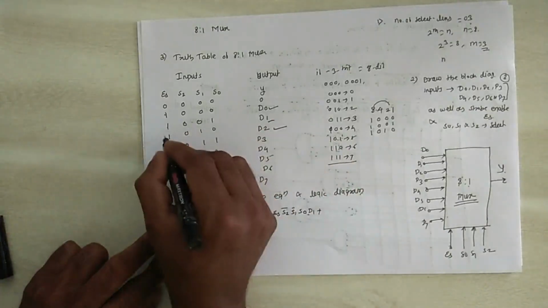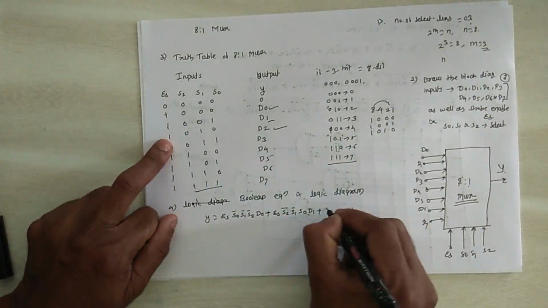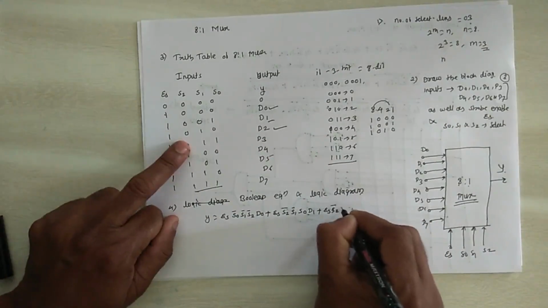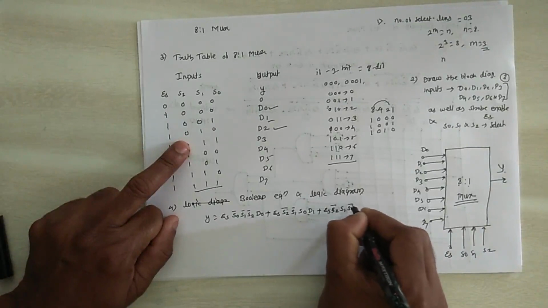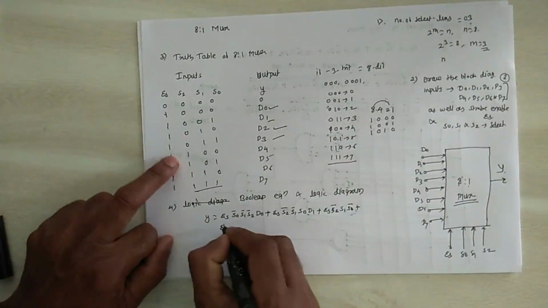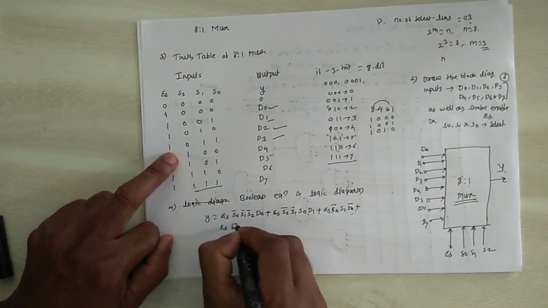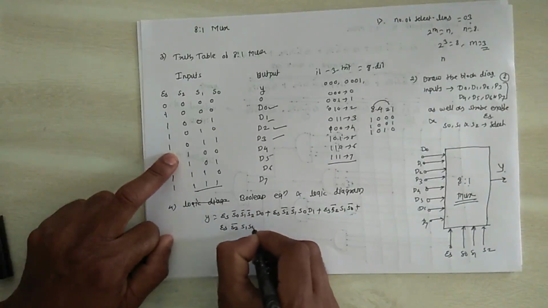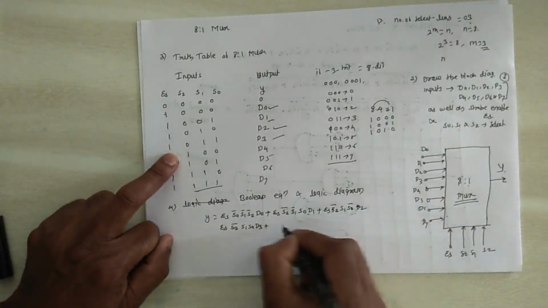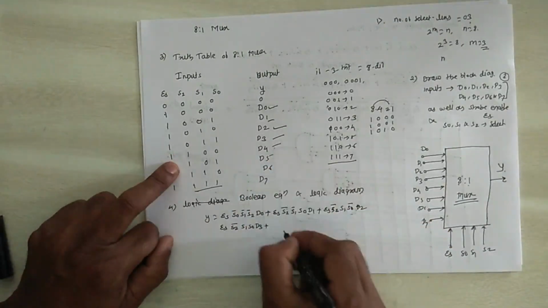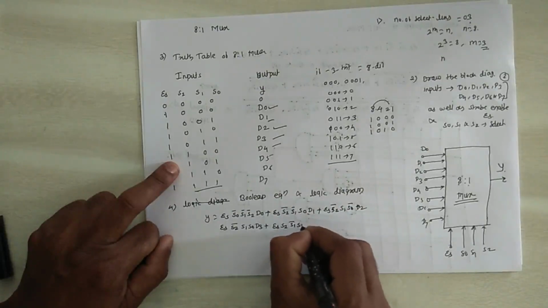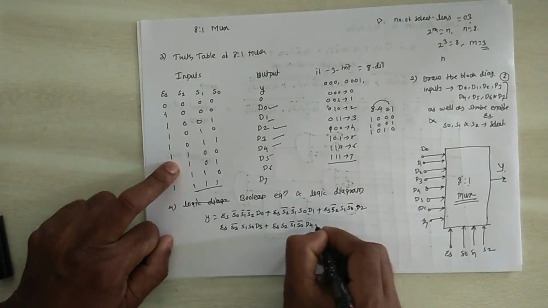For this D2, what is the combination? It will be ES into S2 complement, S1, S0 complement. For this D3, ES, S2 complement, S1, S0 into D3. And for this D4, ES, S2, S1 complement, S0 complement into D4.